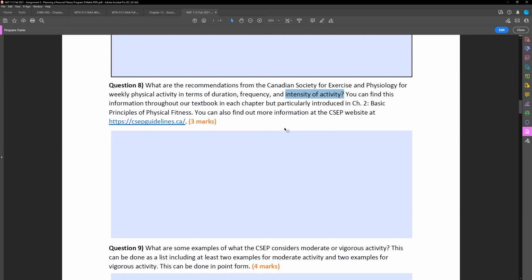And doing this at least however many times a week. They also recommend that you have A, B, or C levels of activity. I can tell you that one, moderate to vigorous physical activity. But for the rest of it, look up the data. It's in our textbook, it's in our notes, it's in our slides. All this stuff is given to you. And you're probably already remembering it from the stuff we've talked about.